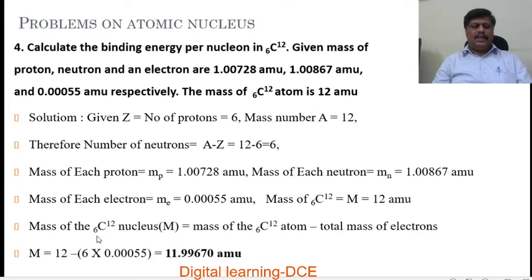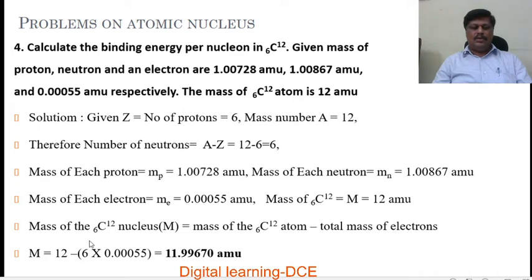Mass of the 6-carbon-12 nucleus M is equal to mass of the 6-carbon-12 atom minus total mass of the electrons. So to get the mass of the nucleus, we have to subtract mass of the electrons from the mass of the atom. Since atomic number Z is equal to 6, it represents total number of protons, and that atomic number also gives the total number of electrons in an atom.